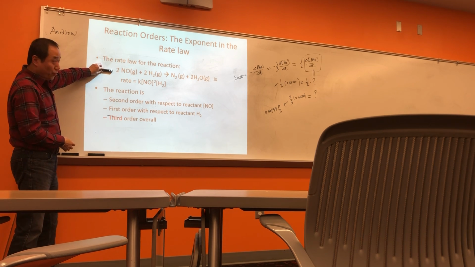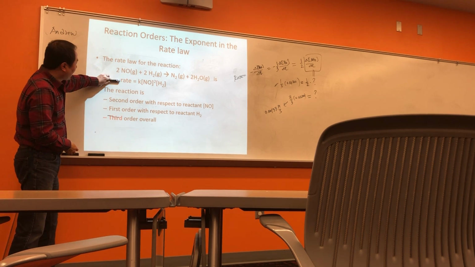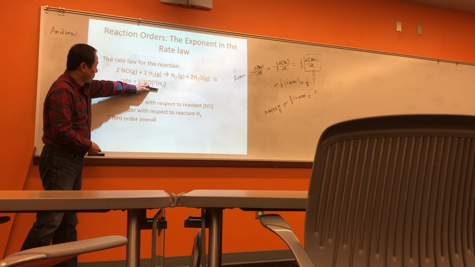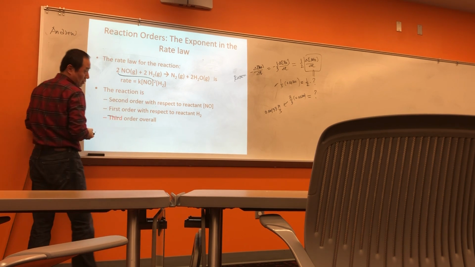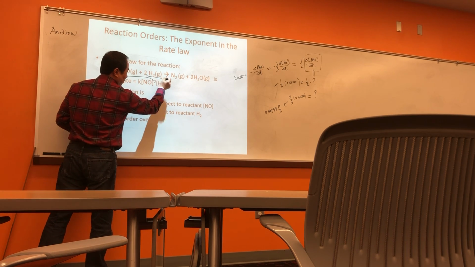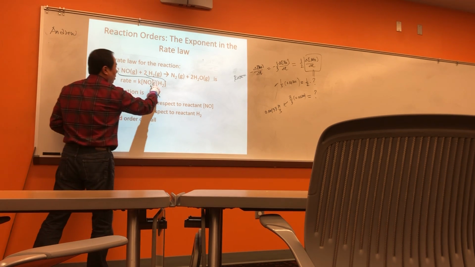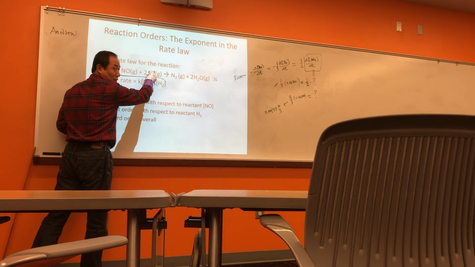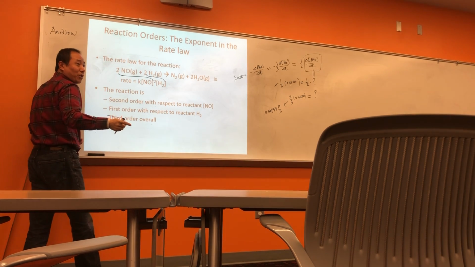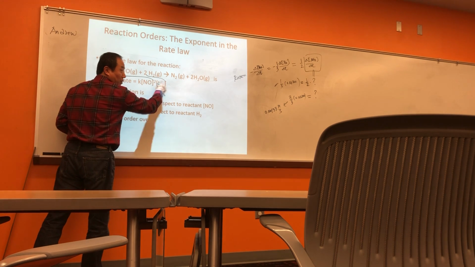Now this is the reaction we have. Reaction rate is given like that. This number happens to be the same as this one, or we do not have that number here. So this is determined by experiment, not by this reaction. Again, you are the one to determine this number.